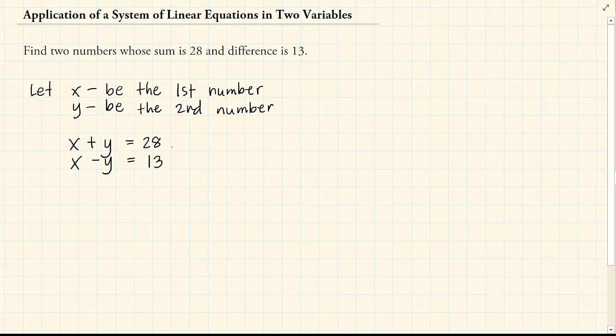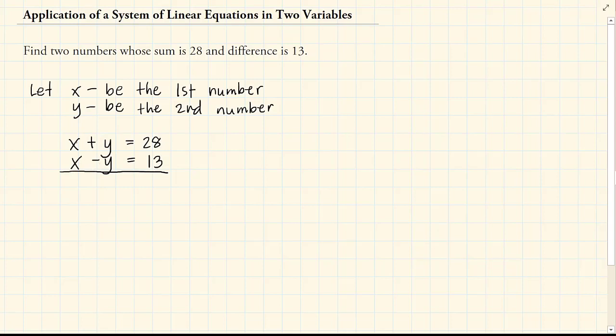So we have formulated our two equations. And now we can solve these two equations simultaneously using the methods that we discussed, either by elimination or by substitution. But for this one, it's better that we use elimination. If we want to eliminate y, we add the two equations together, right?